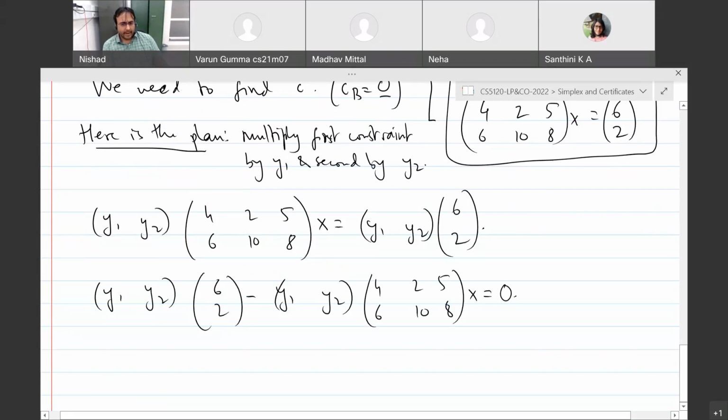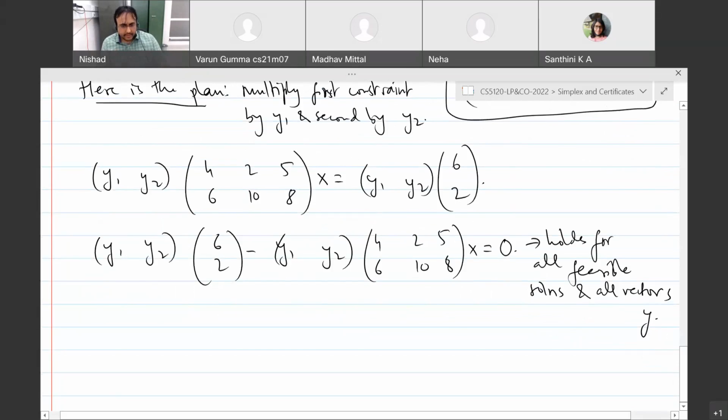This is true for any feasible solution and for any vector y, right? We are just doing some simple manipulations. So this holds for all feasible solutions and all vectors y.